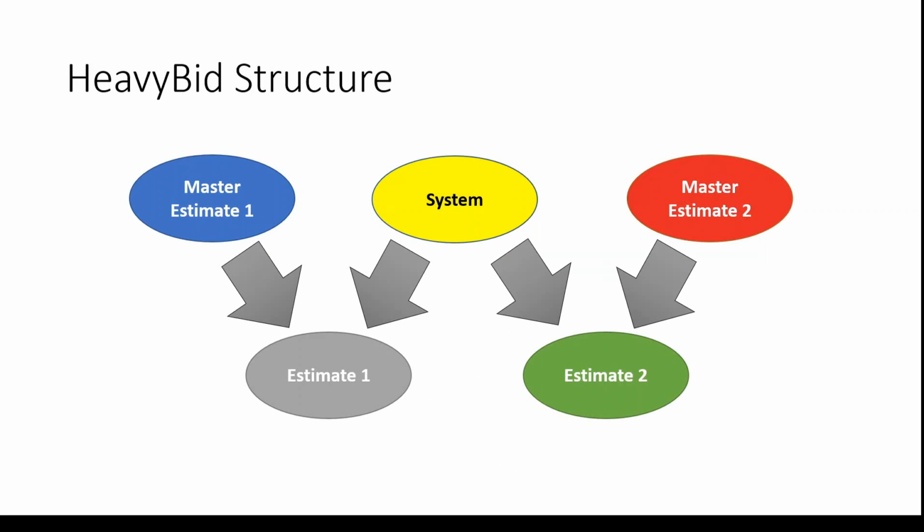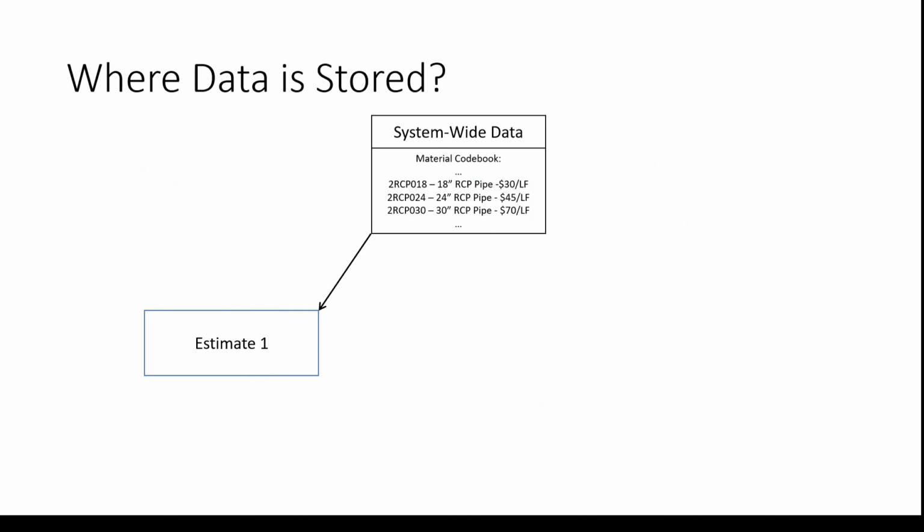All right, let's look at the HeavyBid structure here. I've got a master estimate, I've got a system, and I've got another master estimate. And you can see that when I copy things from different masters, you're going to bring that into different estimates. Where's the data stored? Here's the example of the material codebook, and here's estimate 1.